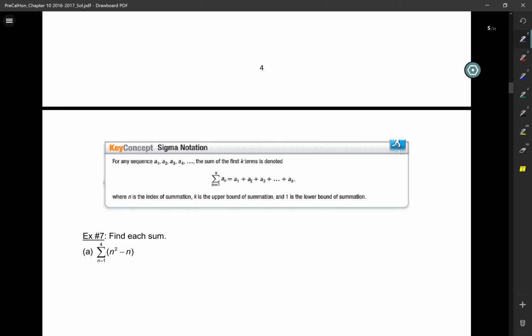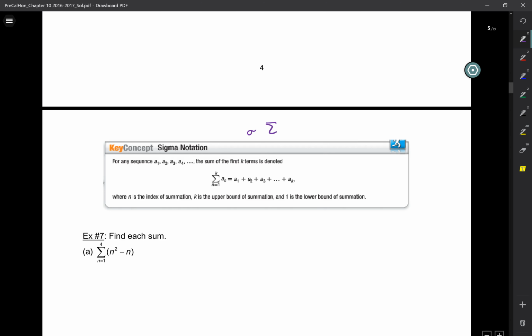Okay. And now, everybody's favorite, sigma notation. What is sigma? Sigma is the Greek letter that makes the S sound. This is lowercase sigma, and this is uppercase sigma. So if you're ever on Jeopardy and that comes up, now you know, and you give me on-air credit, okay?